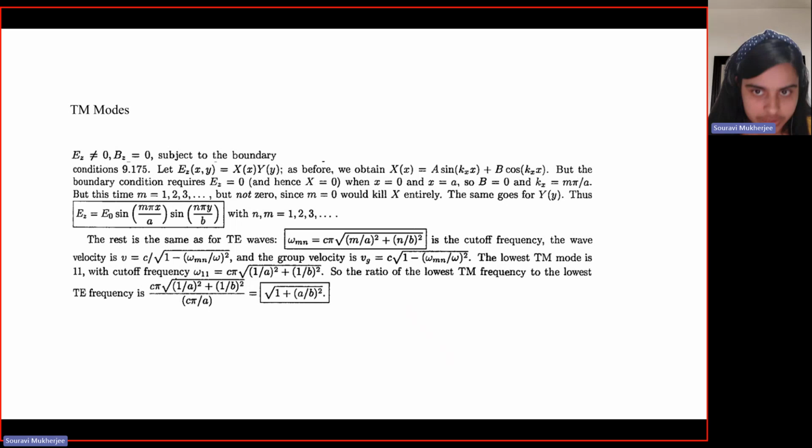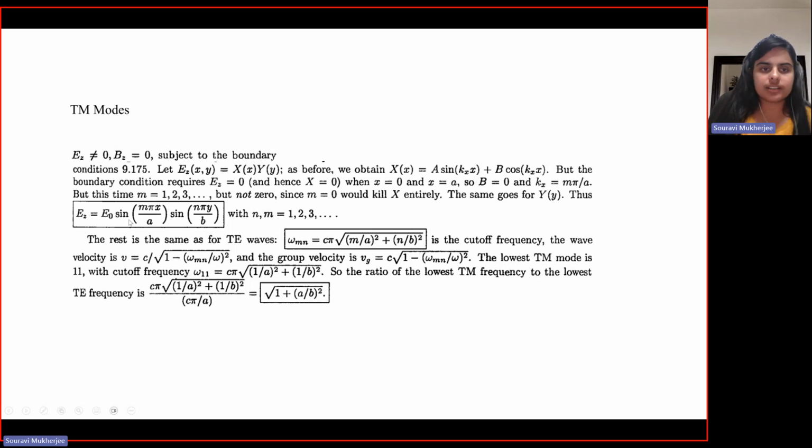That's why we took a derivative, right? Here we see that the boundary conditions require Ez to go to 0. So now this is your expression. You can put x equal to 0 and x equal to a and see what are the possible values of kx, and similarly do the same for ky, to find the possible values of kx and ky, right? And this is what you get.